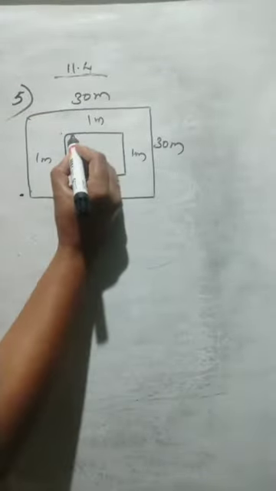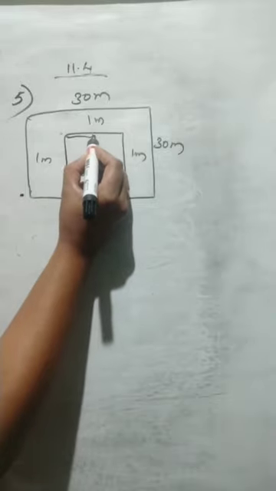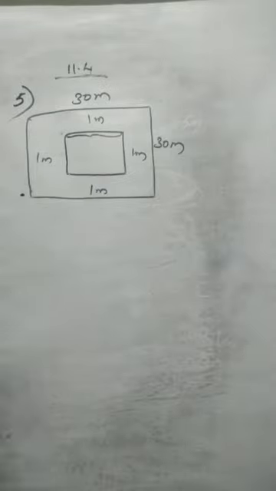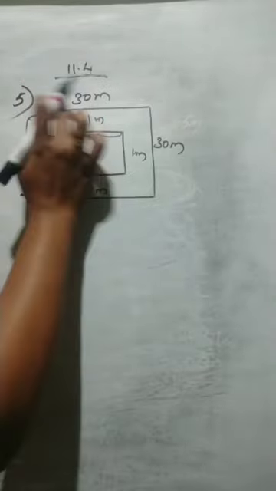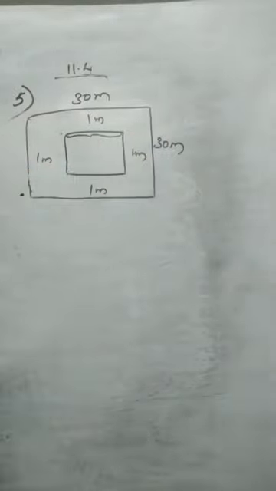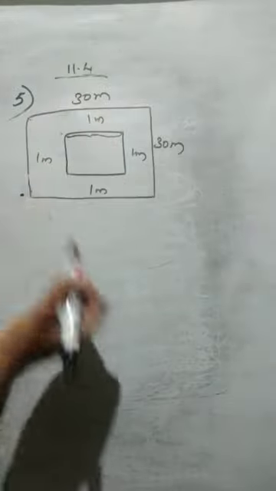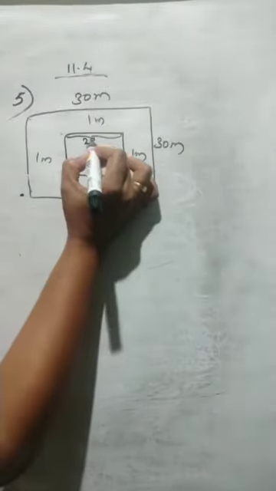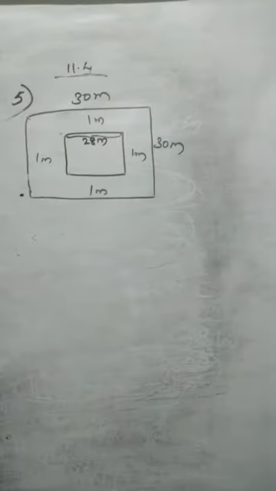Now we have to find the length without the path. Not including the path. Total it was 30 meter from here to here. Then they took 1 meter from this side and 1 meter from this side. Total 2 meter. So 30 meter minus 2 meter. That will be 28 meter. Here this was a square shaped one. So what can we do?